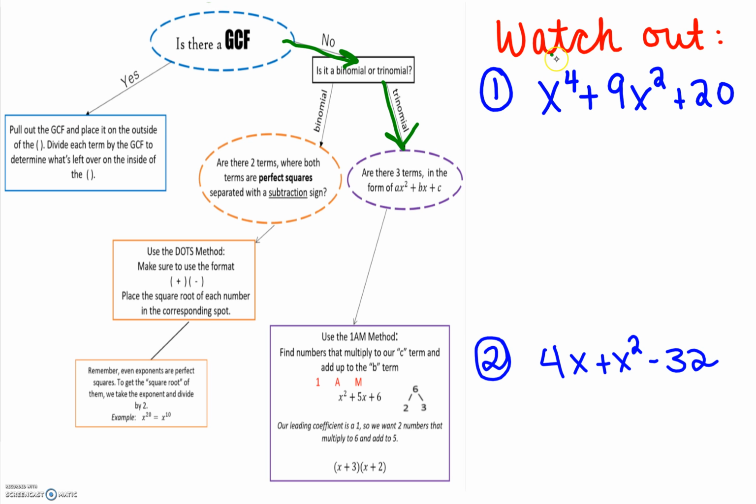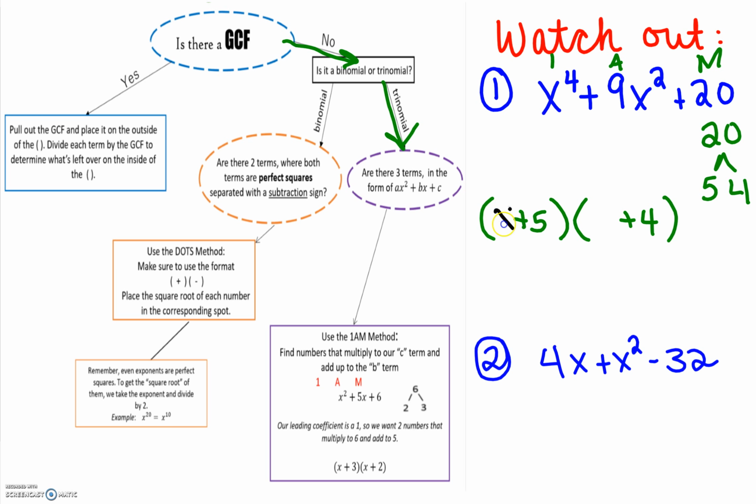So let's go about this as if we would for a 1A problem. So we want two numbers that multiply to 20 and add up to 9. So we should be thinking 5 times 4 is 20, and 5 plus 4 adds up to 9. So we would put those numbers with a positive 5 and a positive 4.